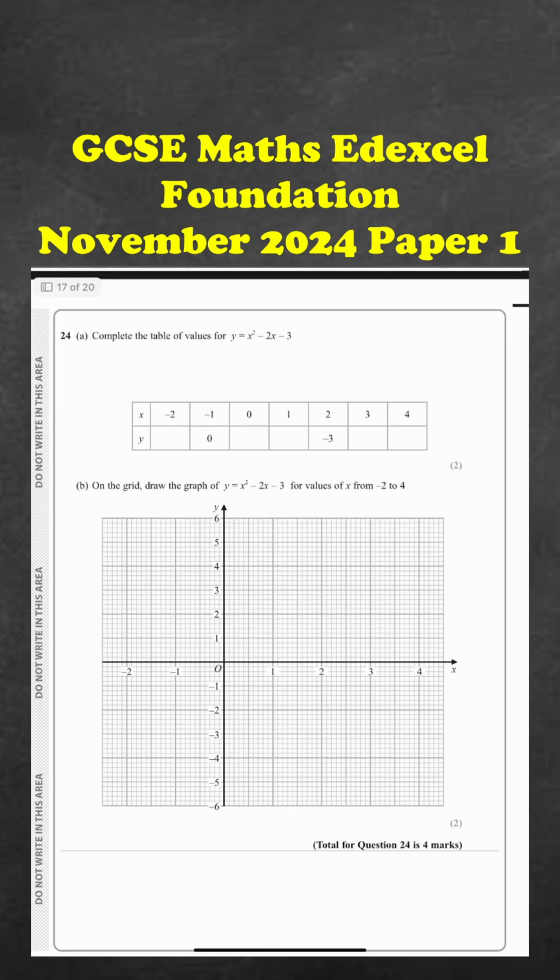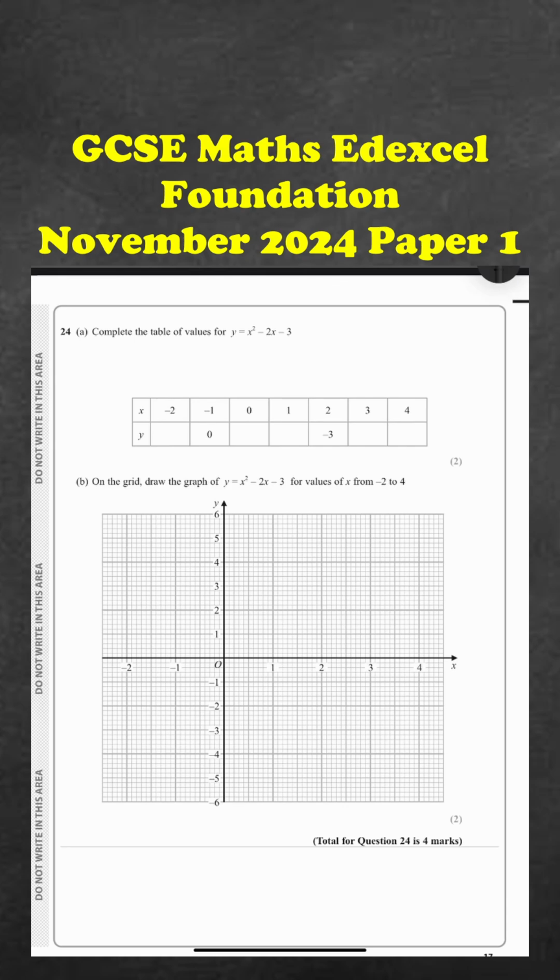Question 24, part A. Complete the table of values for y equals x squared minus 2x minus 3. So for minus 2, we're going to do minus 2 squared, which gives you 4. Minus 2 times minus 2 gives you 4.